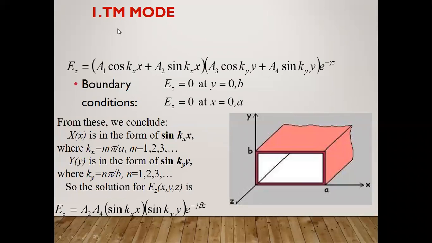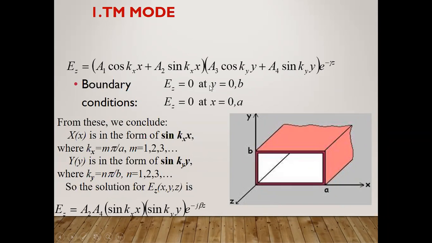If you are talking about the TM mode, the transverse magnetic mode, we know very well we write the boundary condition in the form of Ez, because the x and the y are acting, but Ez is zero. How am I saying Ez is zero? Because the representation is in x and y.